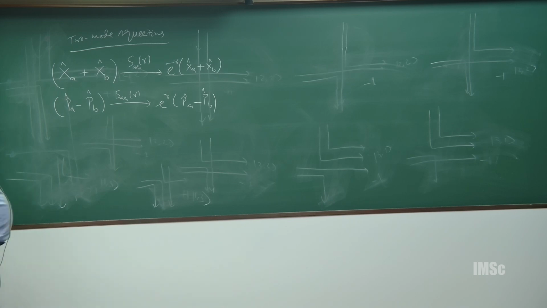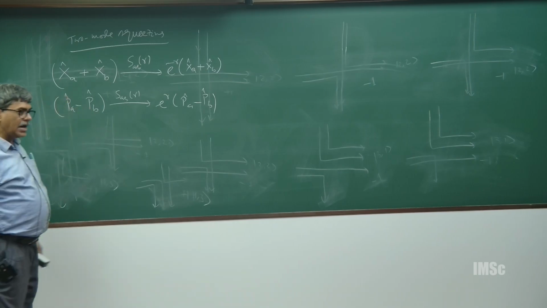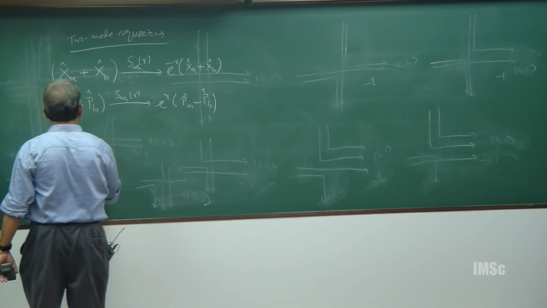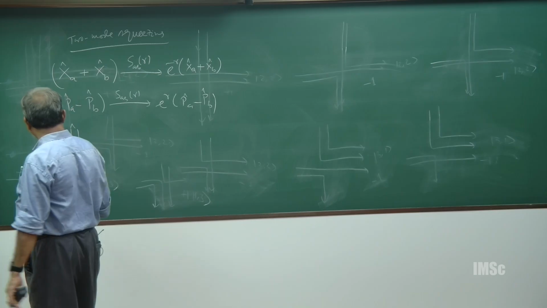One thing I forgot to mention is that this transformation is not necessarily restricted to x and p. I can have rotated quadratures also, and there you will have a similar thing. Similarly, here you can have rotated quadratures. Okay. So the Hamiltonian corresponding to this two mode squeezing will look something like this.